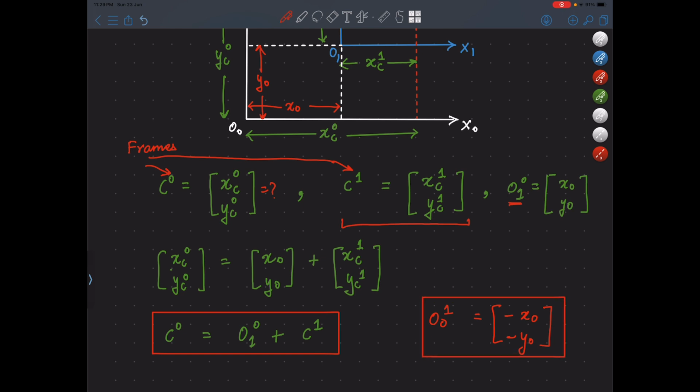But the more important result is this one: in pure translation, the way to get the coordinates in the fixed frame is the addition of the coordinates with respect to the moving frame plus the amount by which the frame has moved.